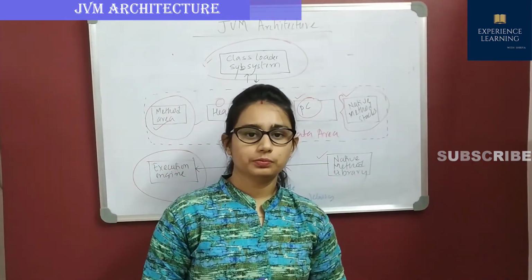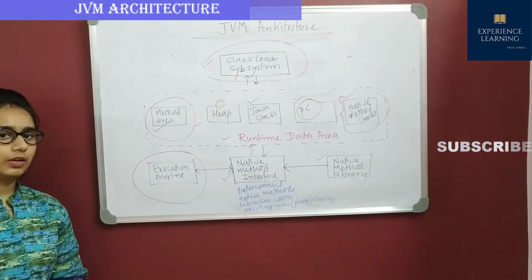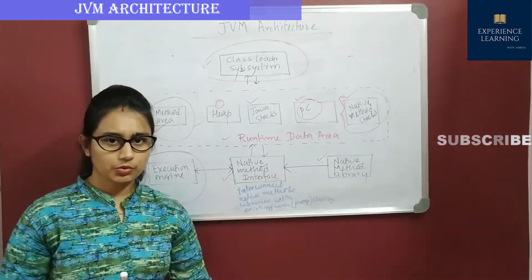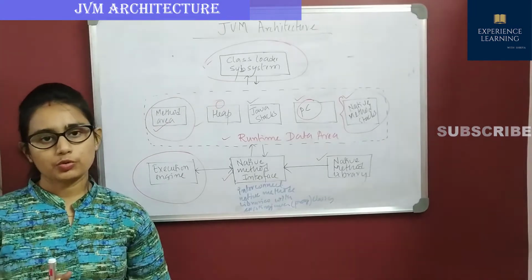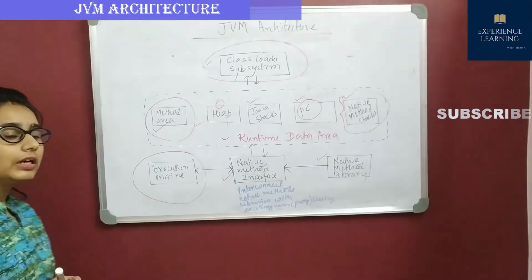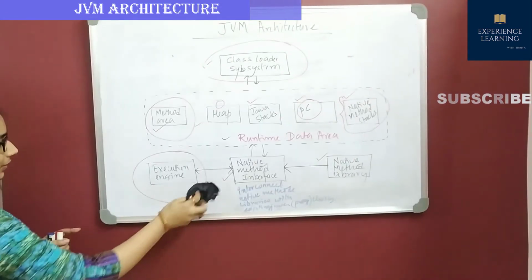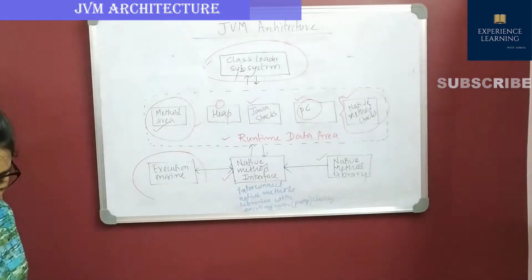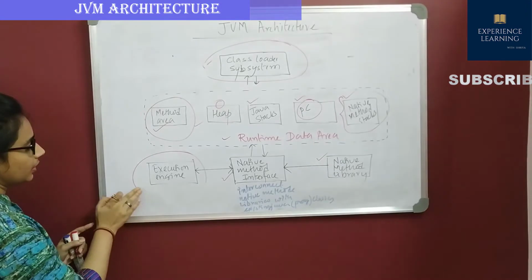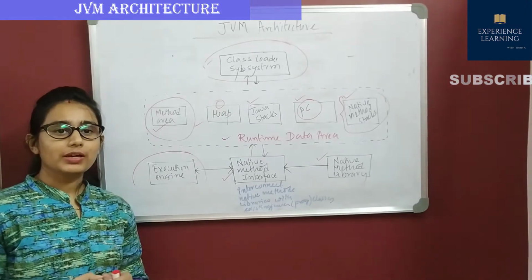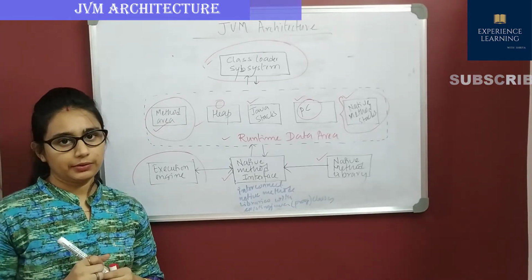Now, the execution engine. From the name you can understand it's going to execute the code, and it is an interpreter. But here there is one thing which is, you can say, the magic. What is this? The magic is known as the just-in-time compiler.